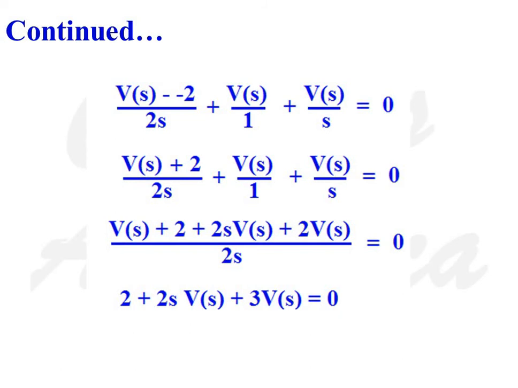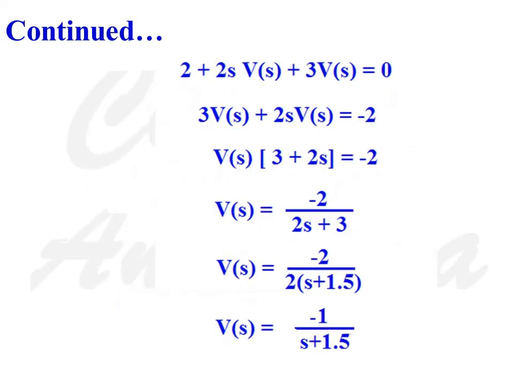So the equation can be reduced to 2 plus 2S Vs plus 3Vs is equal to 0. So finally we will get Vs is equal to minus 1 divided by (S plus 1.5).